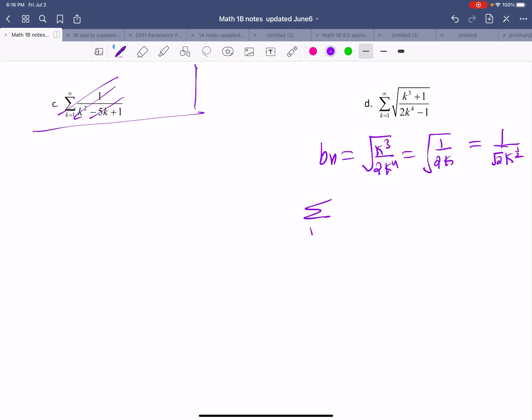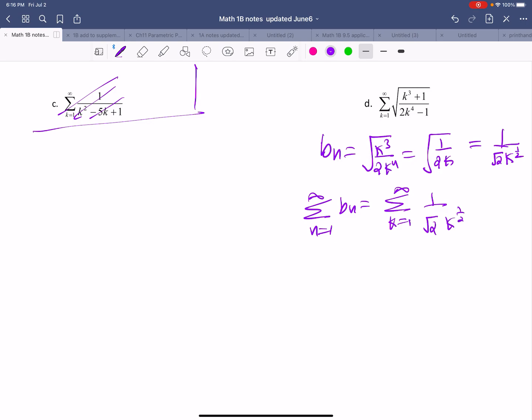So Bk would be the sum from k equals 1 to infinity of 1 over square root of k, k to the power 1 half. It doesn't really matter whether we call it Bn or Bk.